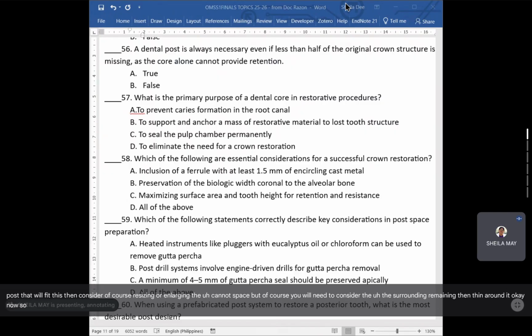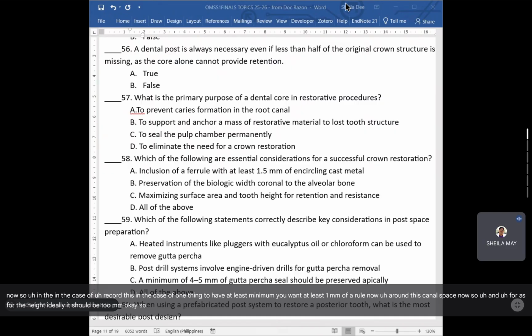Okay, so in the case of wanting to have at least the minimum, you want at least 1 millimeter of ferrule around this canal space. And as for the height, ideally it should be 2 millimeters.